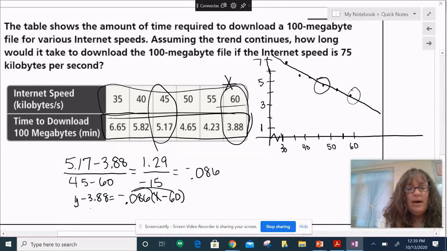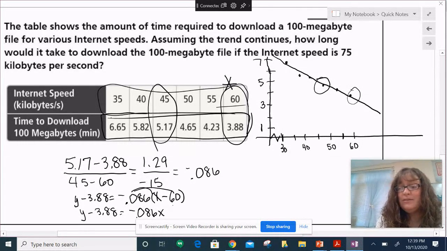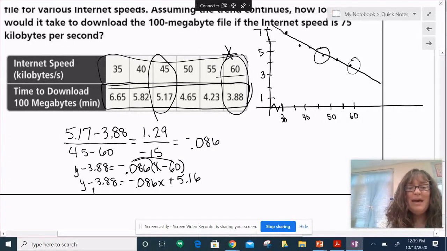Distributing in, I end up with y minus 3.88 is equal to negative 0.086x, and then negative 0.086 times negative 60 becomes positive 5.16. Last but not least, I'm adding that 3.88 to get the y by itself.